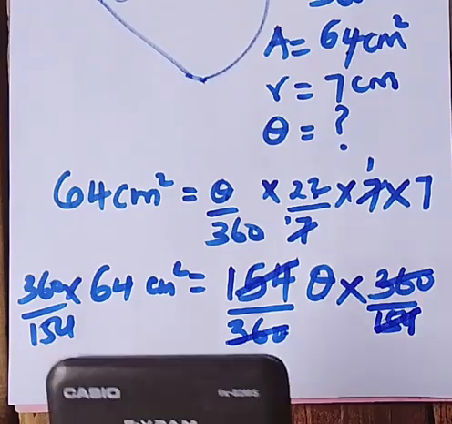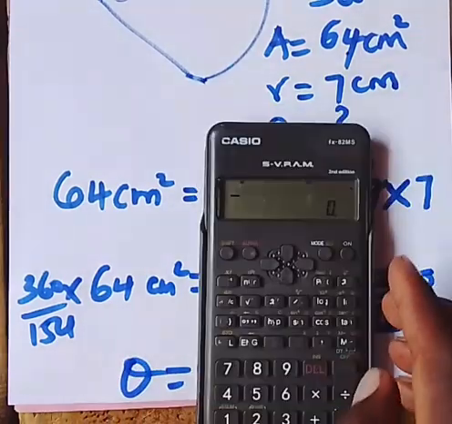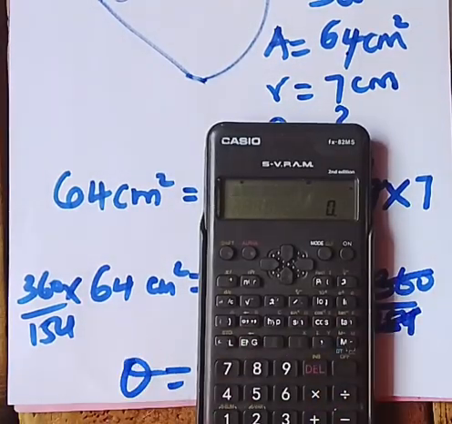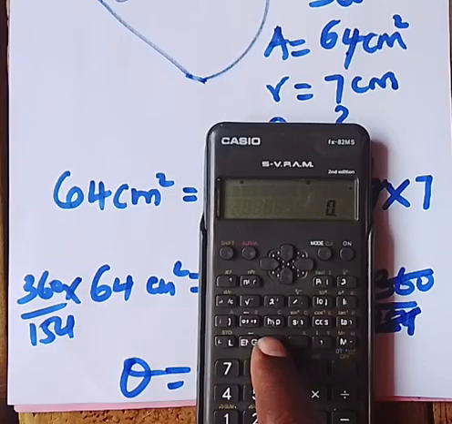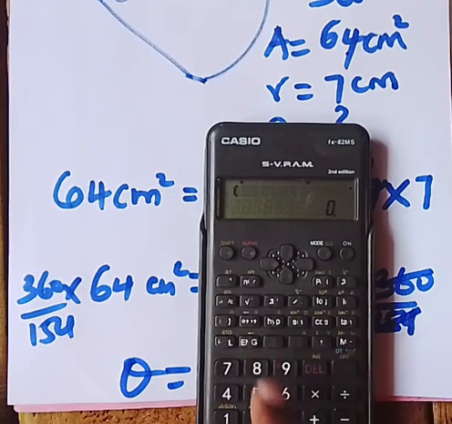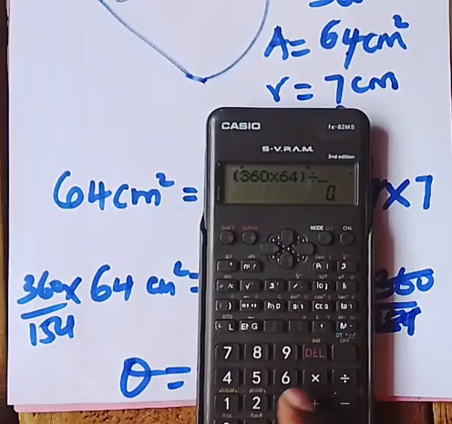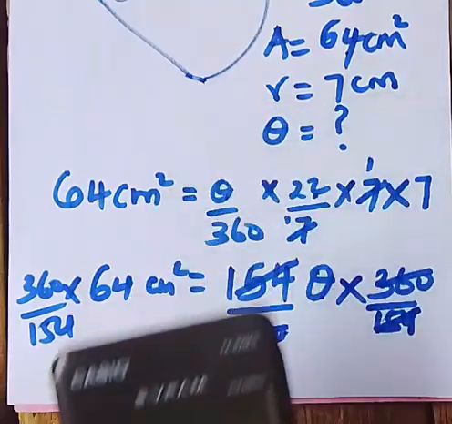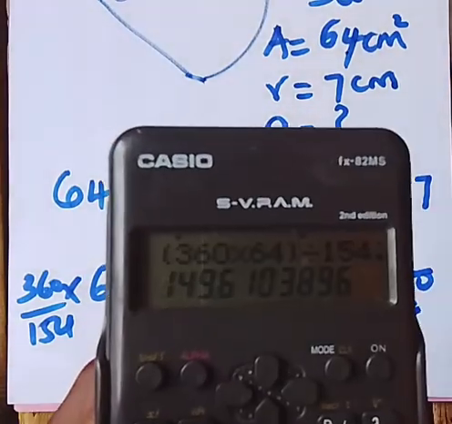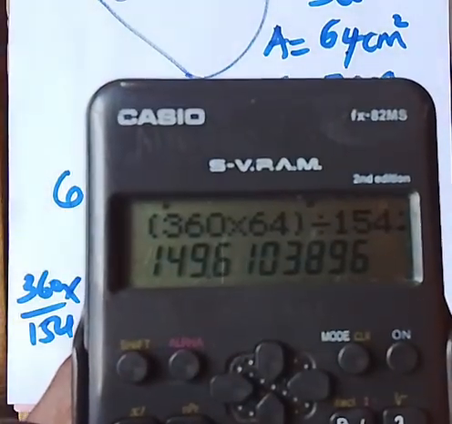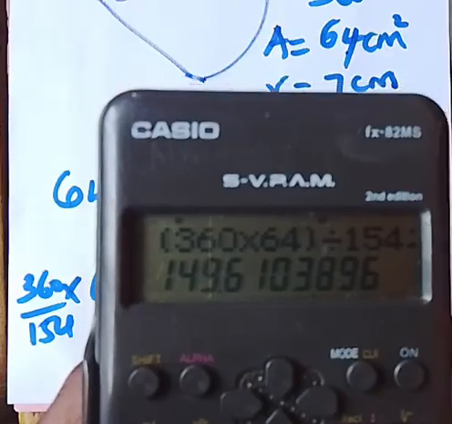So let's simplify on the left side of our question. You can just use a calculator, open the bracket and say 360 multiplied by 64, then divide by the denominator, 154. And you click the answer. So the answer gives you 149.6.